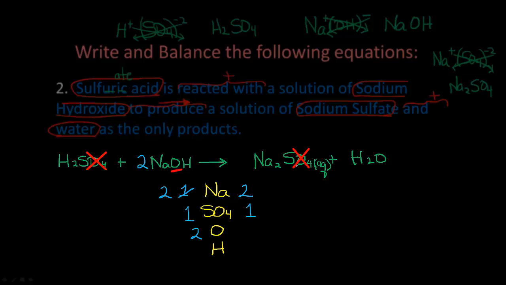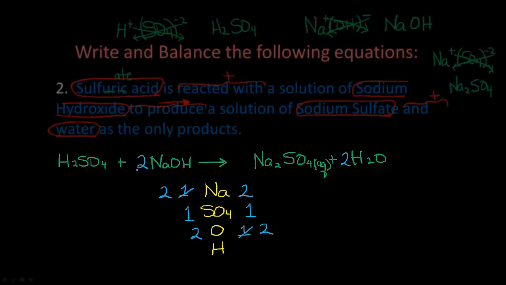We do not count this because we've already accounted for this oxygen in the sulfate, so we are not going to count it again. We're only going to count this oxygen right here, and there is 1. We need to put another oxygen on the product side. So we need 2, and the only way we can do that is put a 2 in front. Okay, we now have 2 oxygens.